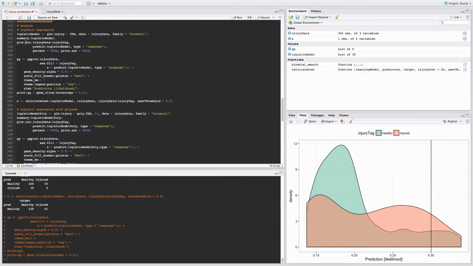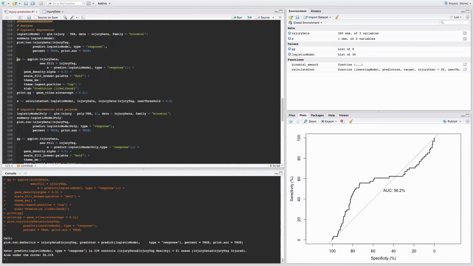So the receiver operator curve looks like this. One thing to remember is that a diagonal line is pretty much a random guess. Area under curve is the area under the receiver operator curve, and closer to 1 it's better.